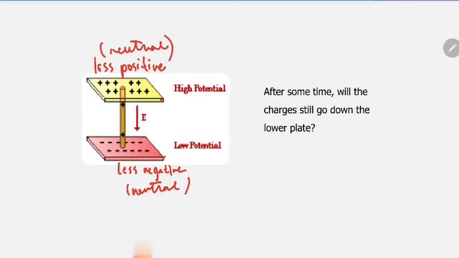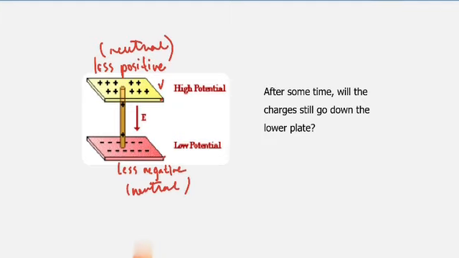During that time, the positive charges here will no longer be inclined to go down to the lower plate. It won't have any more reason. It won't be attracted enough to go to the lower plate, di ba? Because both of them are becoming more and more neutral.